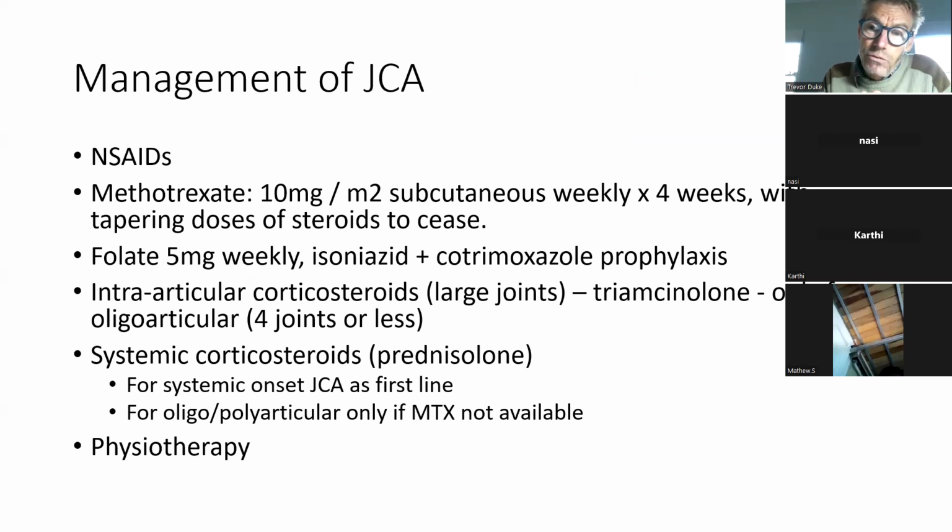And then if you've had the child on steroids while you're waiting to start methotrexate, then try to taper the steroids off over a few weeks. When you're using methotrexate, you need to use also folic acid, because methotrexate is a folinic acid inhibitor, and that can help to reduce some of the other effects of methotrexate, like the bone marrow suppression.